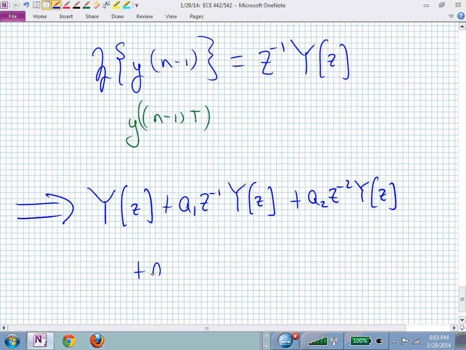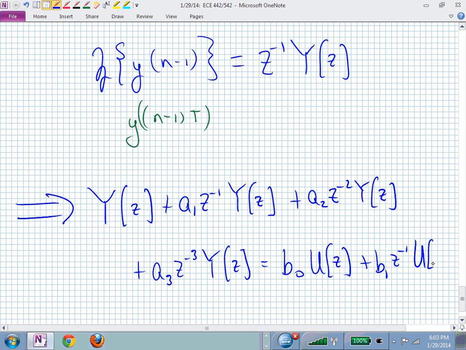And this is all on the same line, but I didn't want to upset you and do my infinitely scroll to the right. So this is now a sub 3 z to the minus 3 Y of z equaling b sub 0 U of z plus b1 z to the minus 1 U of z. Is that okay? Where that came from?